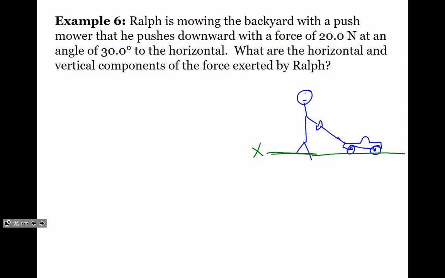Where the lawnmower is right here, this is my 30 degrees, which would mean this is my hypotenuse, and this is where the 20 newtons go. So over there is my y component. All right. Okay. So, since that is the angle, this is going to be right here.